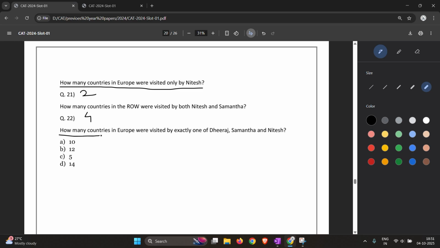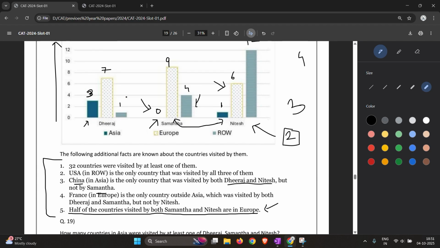And finally, how many countries in Europe were visited by exactly one of Dheeraj, Samantha, and Nitish? So what we do is, for this we'll try to calculate unique Europe visits for each of these people. So now for Nitish, we know that he only visited two unique European countries, right?